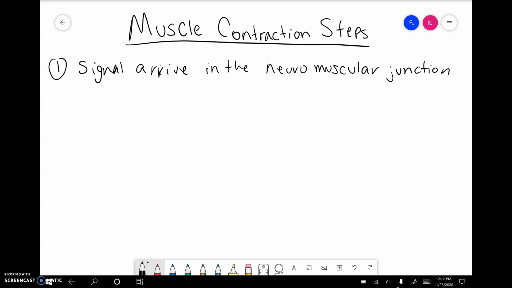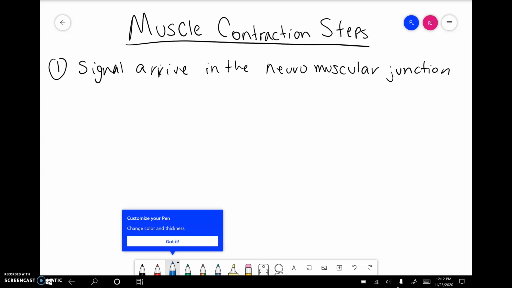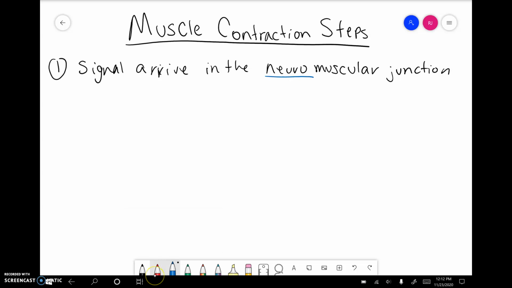So if we break down that word right there, neuro and muscular. We know that muscular obviously stands for muscle, but neuro here is going to stand for our nerves. So we need to get a signal from our nerves to tell our muscle what to do.